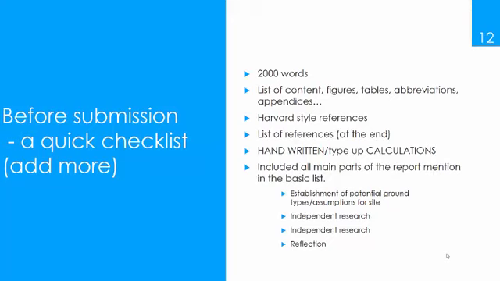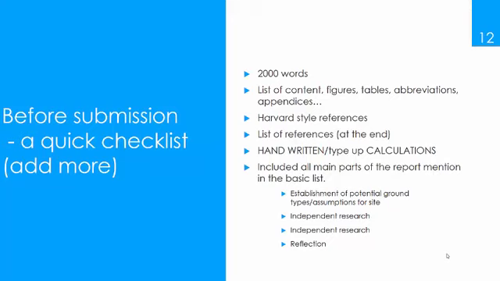I'm just going to summarize them here, and they are also summarized in the marking assessment criteria. So you should include establishment of potential ground types and assumptions of foresight, independent research. Oh, here is a little mistake.